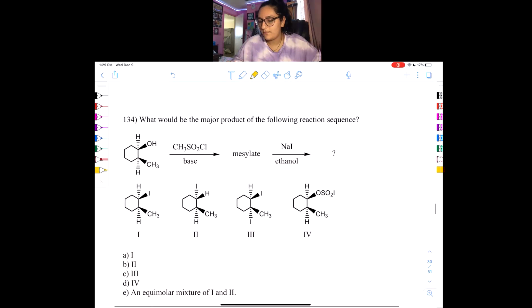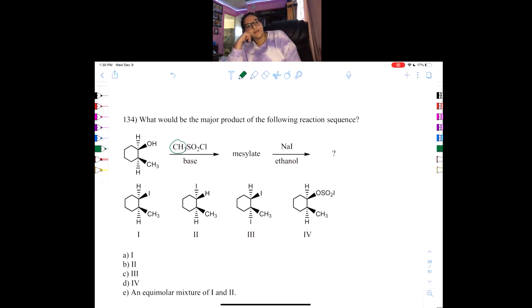Last one we'll do is this one, and then we can move on to chapter 18. SOCl3, we know that's going to be either mesylate or tosylate. So when it has this CH3, is it going to be mesylate or tosylate? Mesylate, exactly.